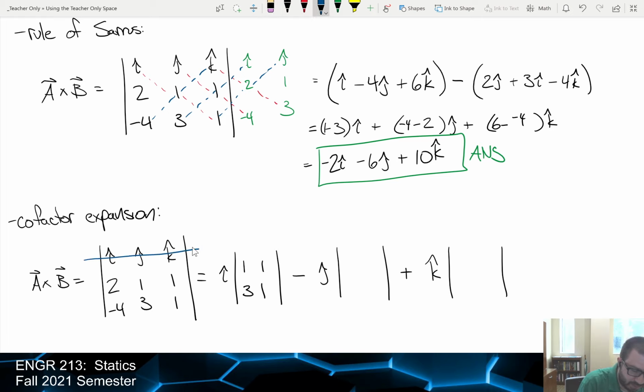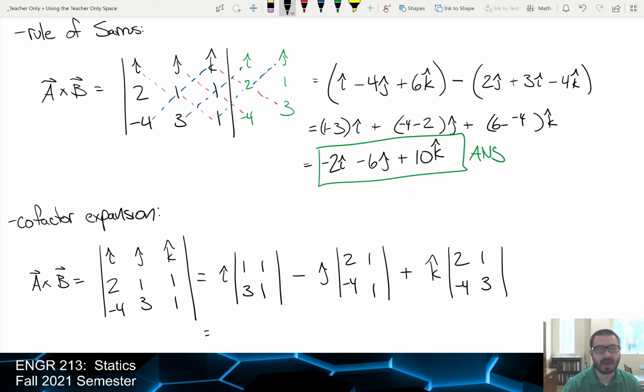I cross out the row and the column associated with j, and I'm left with 2, negative 4, 1, 1. And for the k term, same idea. Cross out the row and the column associated with that k term, and I'm left with 2, 1, negative 4, 3. And there you go. There's your cross product.